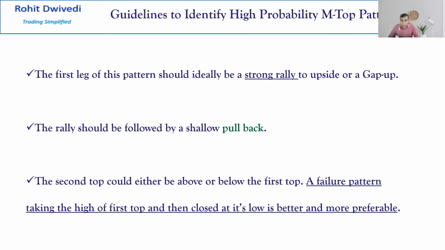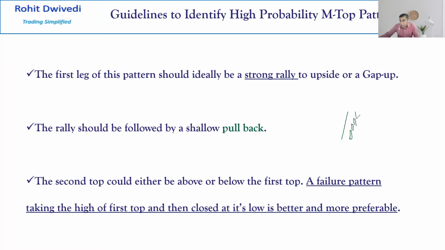So the first point says that the first leg of this pattern should ideally be a strong rally to the upside or a gap up. Now if I would just draw it for you, this simply means that the first leg should be a strong move, a straight move to the upside, right? So in the form of bars, this could be something like this.